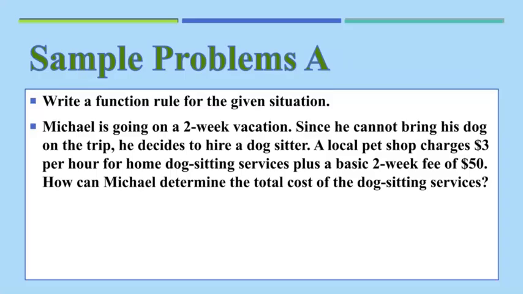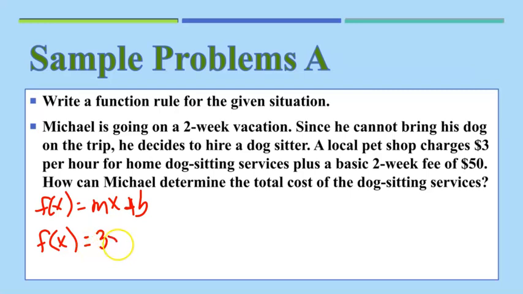So I want my rule to be f of x equaling, and I'm going to do mx plus b. So f of x is going to be our hours, equaling how much does he charge per hour? $3 per hour.